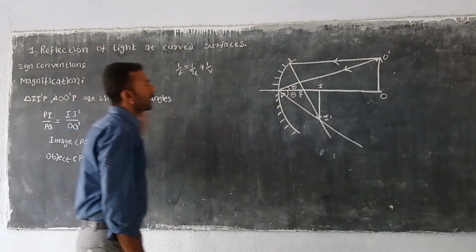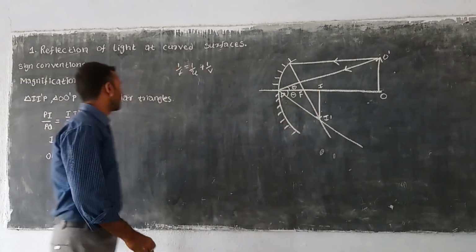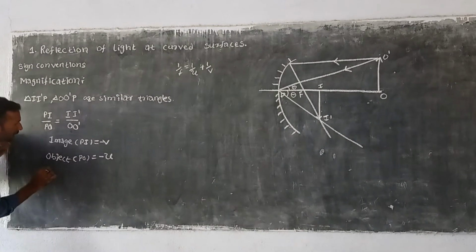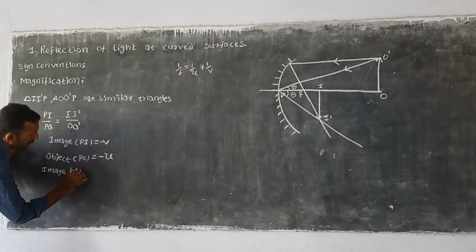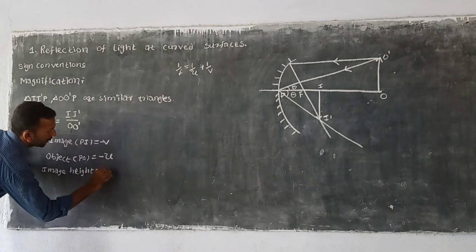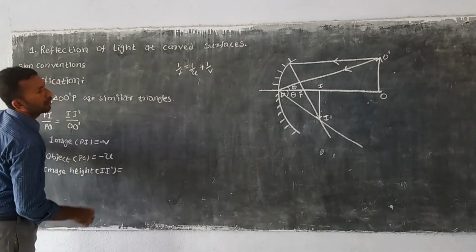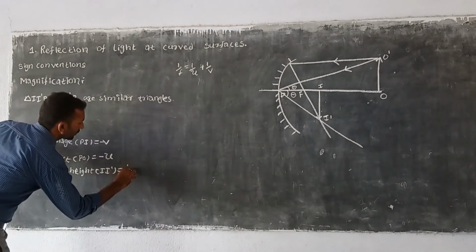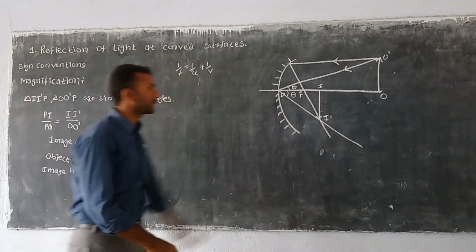Next, I dash I is the image height, equal to HI, and this is taken towards the downside of the principal axis.